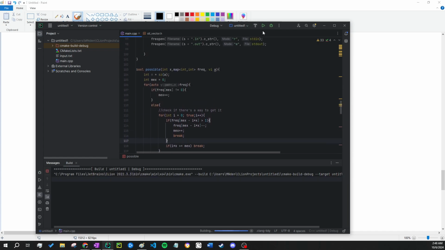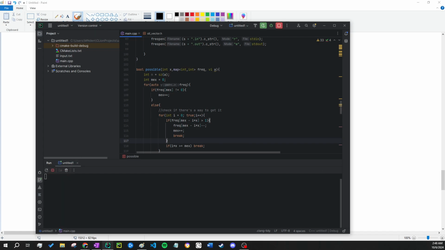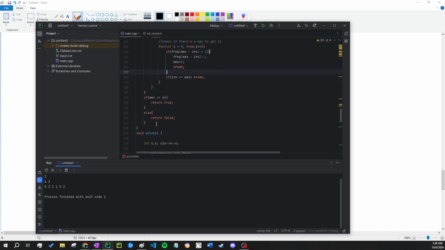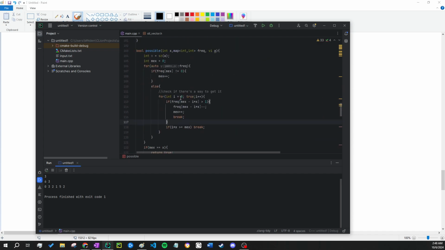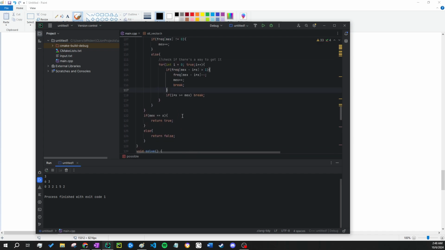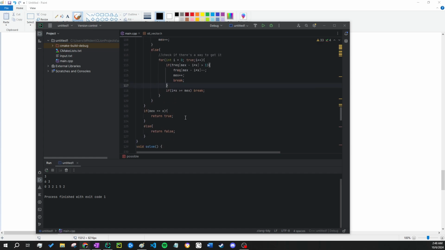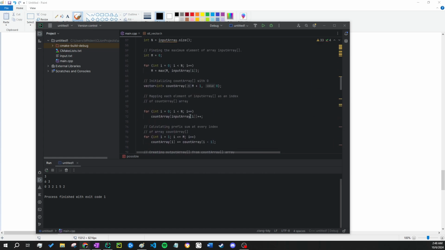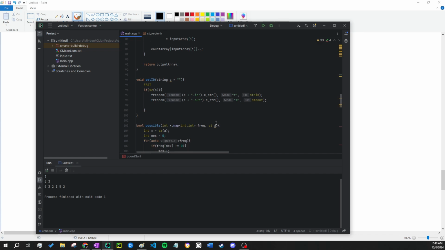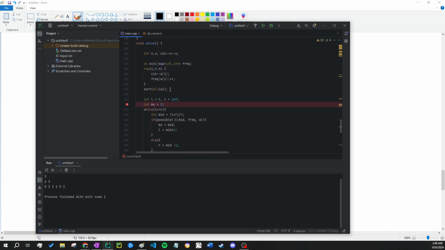Oops. Still finish. All right, let's try it. I have a hunch it's not going to work. Here we go. So it's giving an infinite loop. Let's see why. Funny enough, I could use count sort, but it doesn't really matter.